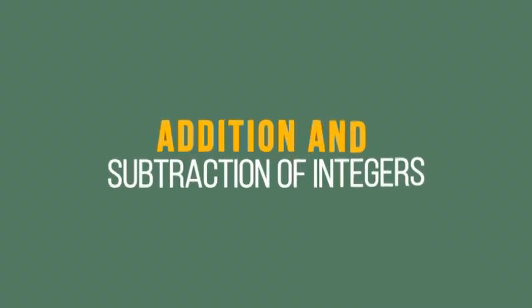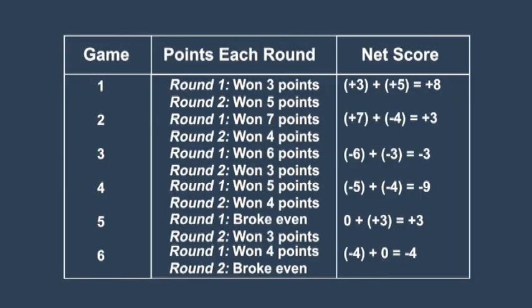First, let's look at how to add positive numbers using the number line. Consider a series of games, each game consisting of 2 rounds, which Joy played on a machine. Here is a record of her point scores. Refer to Game 1. Let us add positive 3 and positive 5.